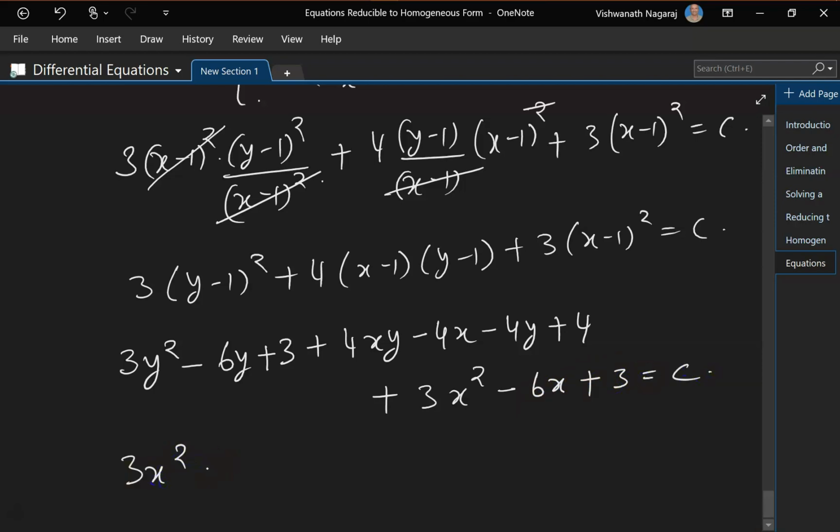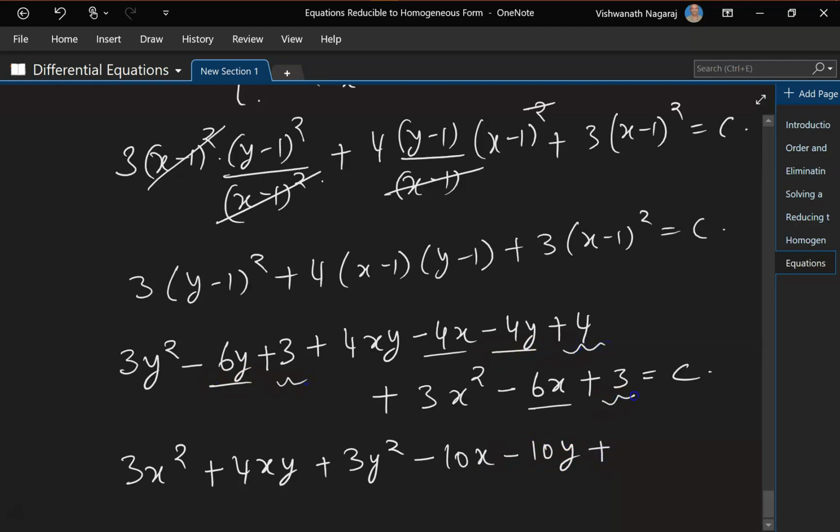So 3x square plus 4xy plus 3y square minus 10x minus 10y plus 3 plus 4 plus 3, that is 10, equal to c.